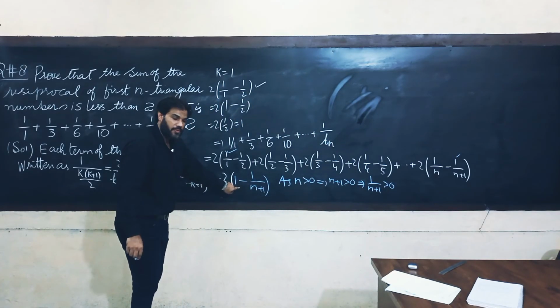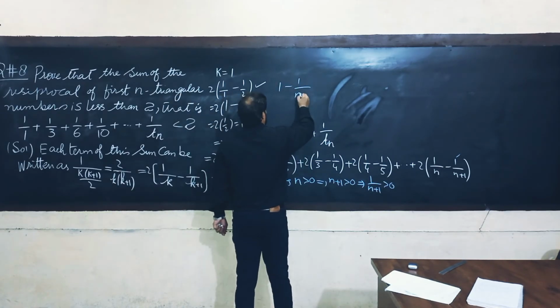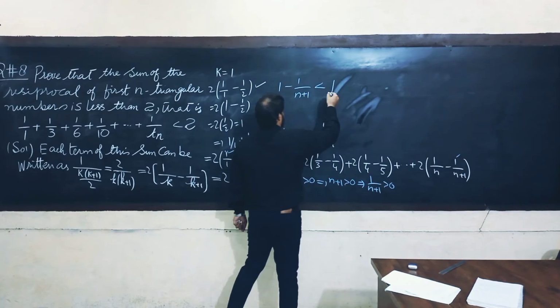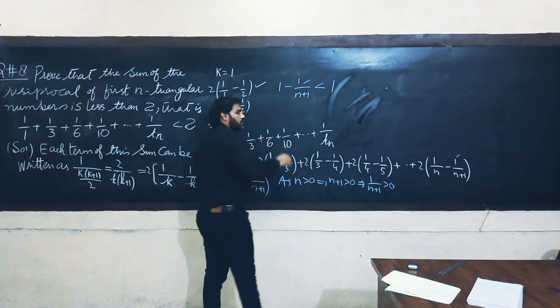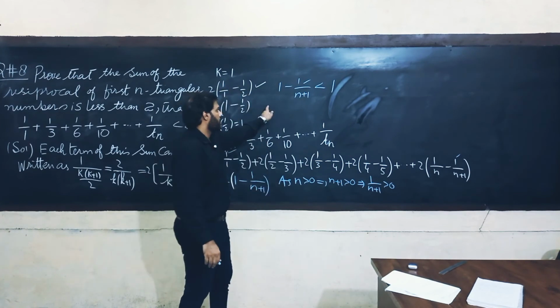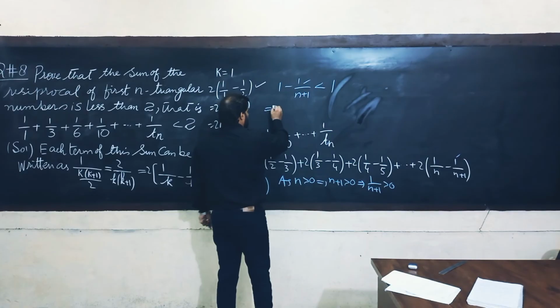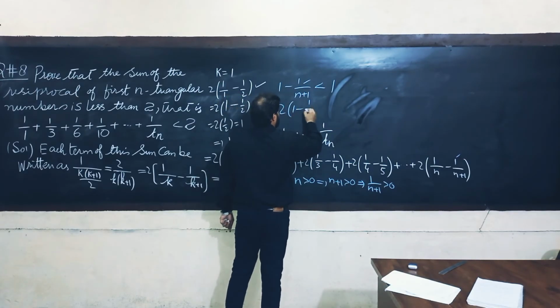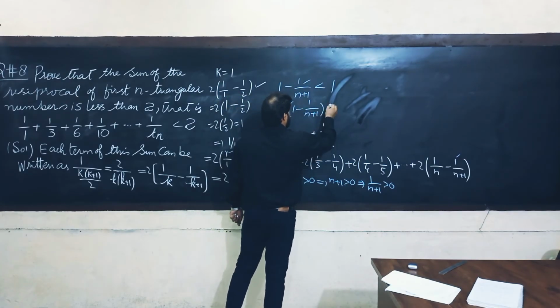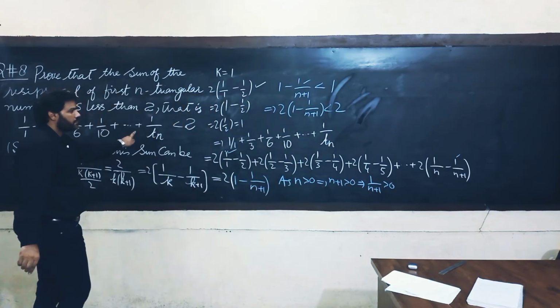But this number, 1 minus 1 over n plus 1, is always less than 1 because this quantity is positive. So when you subtract any positive quantity from 1, the answer is always less than 1. Multiply 2 on both sides, this gives the answer less than 2. That is required to prove.